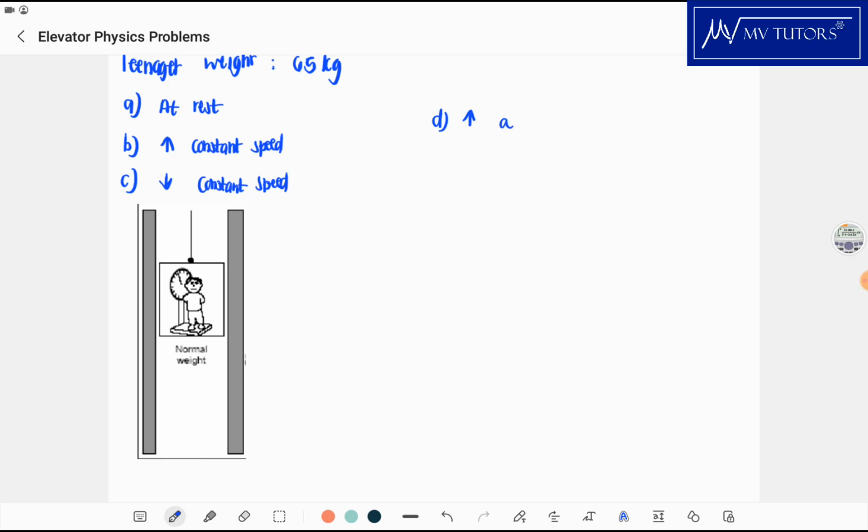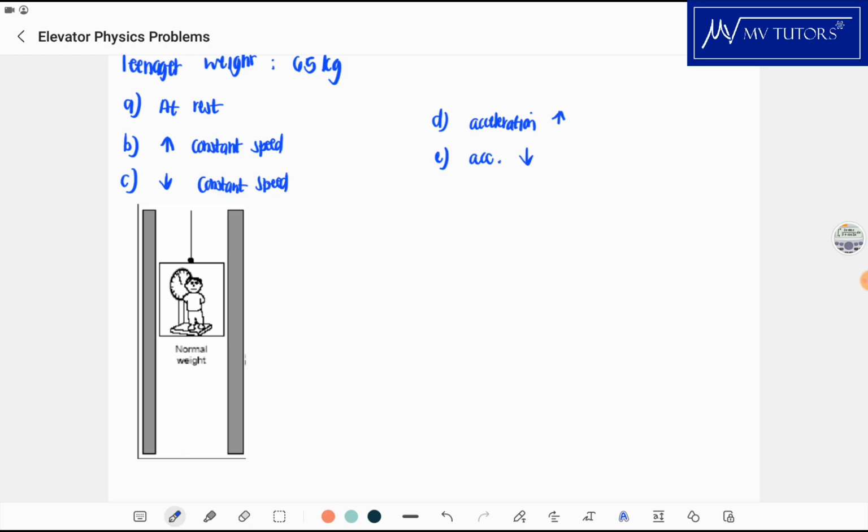Let me rather put it like this: if there is an acceleration upward. And what is the reading on the scale when there is an acceleration downwards?